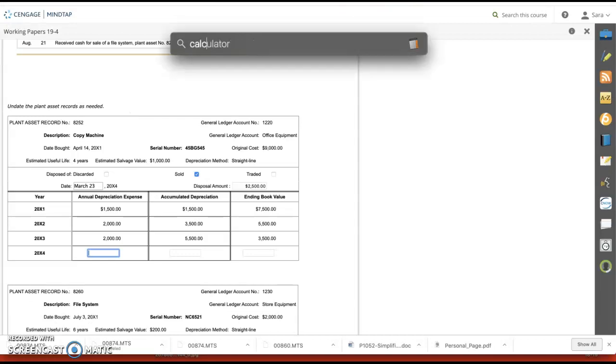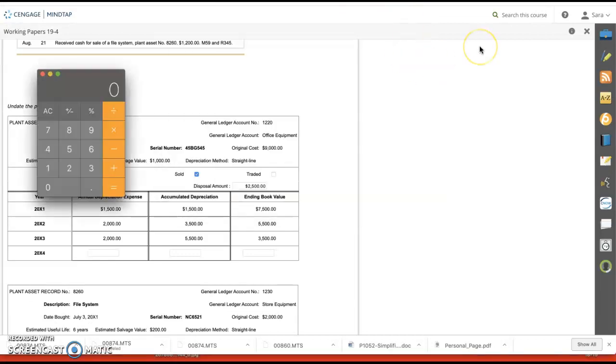And I don't have another calculator, so I'll use my computer one here. So we would take our annual depreciation expense, which is $2,000, and divide that by 12. Right, 2,000 divided by 12. Okay.